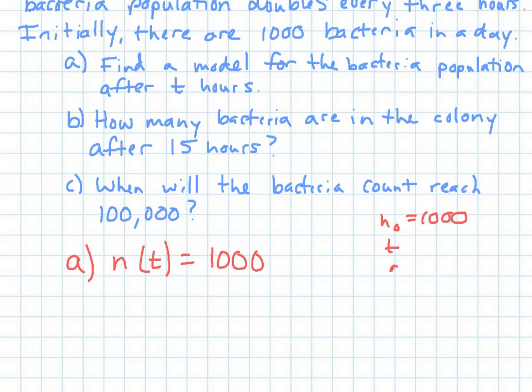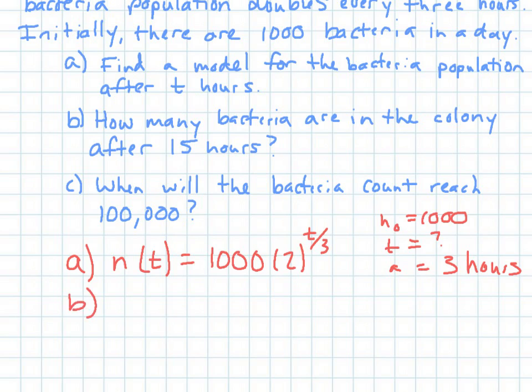Remember that t is our time, usually that's the variable, so times 2 to the t over, and then a will be the value that we were doubling by. So we're doubling every 3 hours, so we're going to put over 3. So here that would be my formula or my model that would represent this.